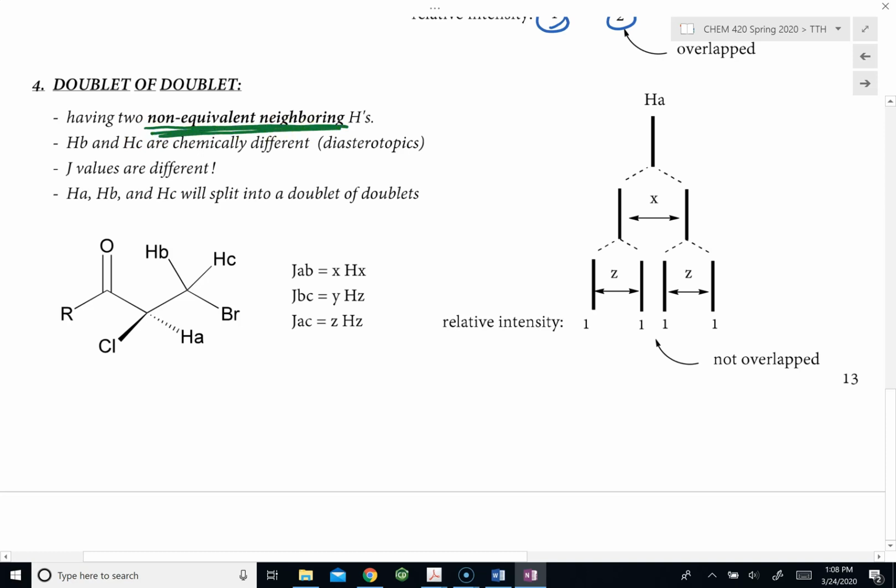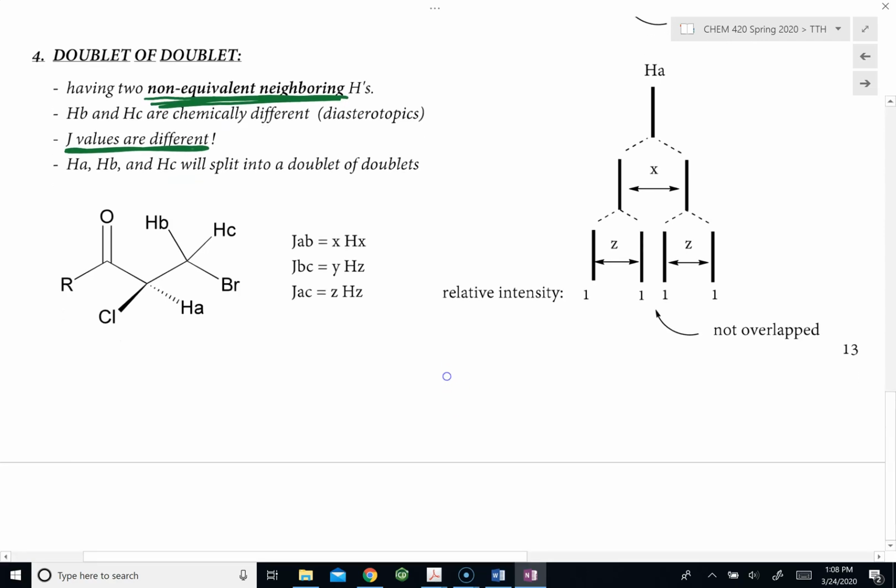So if a hydrogen has two neighboring hydrogens, and if those two neighboring hydrogens are not similar, that's when the hydrogen will show up as a doublet of doublet. And because the J values are different, therefore, they do not overlap as in the case of a triplet.